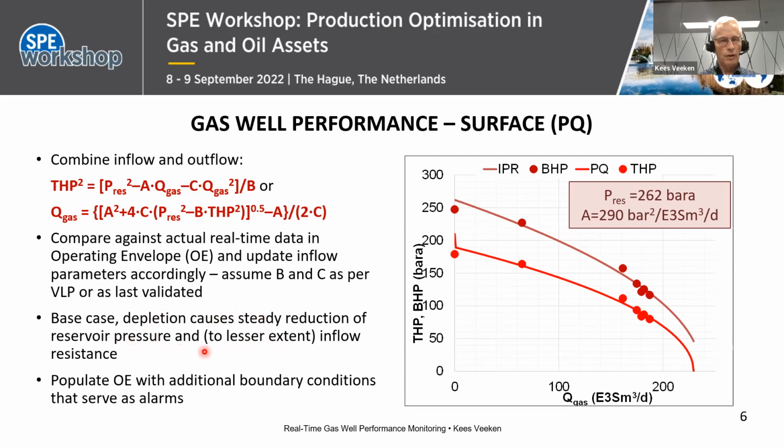What I'm saying here is that depletion causes steady reduction of reservoir pressure. So as your reservoir pressure drops, obviously your IPR will drop, and your PQ curve will drop, and you get a range of curves shrinking down to the origin. Okay, let's go to the next one.